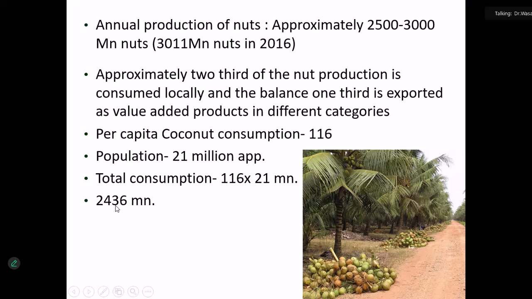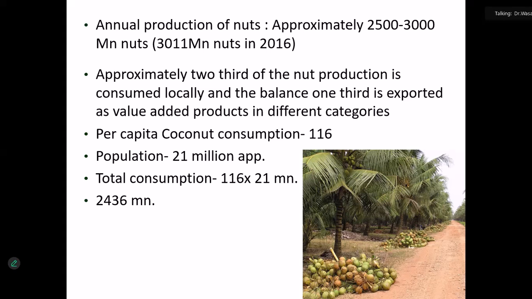That means even less than 1/3 is available for the export industry. In the exam, if I ask what is the main problem in the coconut industry, the answer is lack of raw material. The reason is we consume locally.